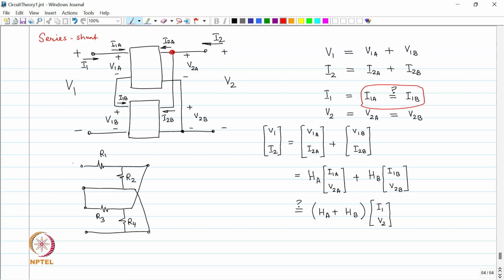I1A is this current and I1B is this current. Are they necessarily equal? No. There is no reason why they have to be equal, in which case you can't do this.